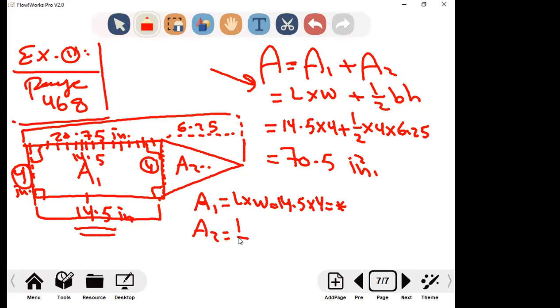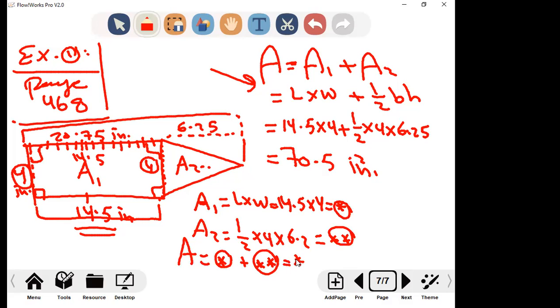It is half times base 4 times height 6.25, and this will be another number, right? Yes. Then you say A equals the first number plus the second number, and you will find your answer, which will be the same as this.